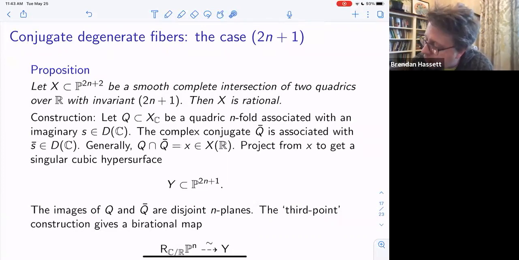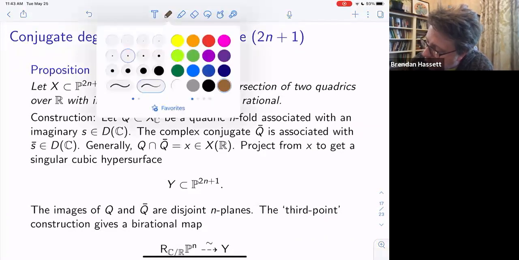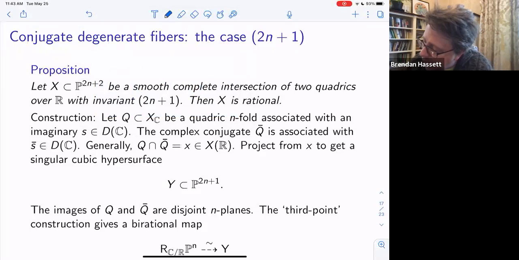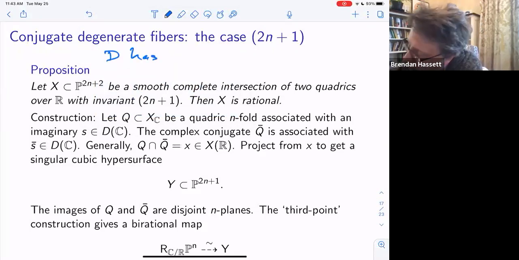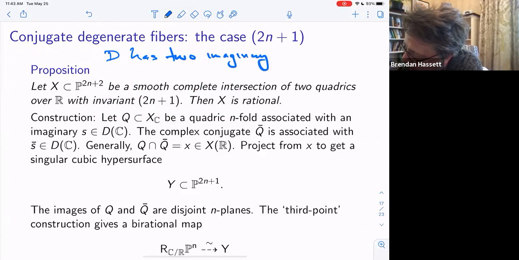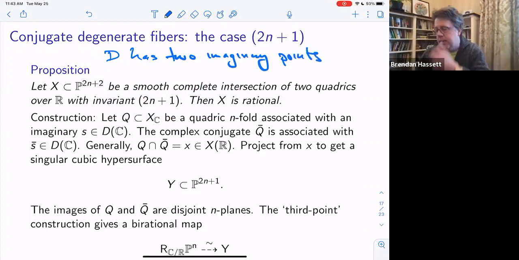Another way of thinking about this is that we're assuming that D has two imaginary points, but otherwise, we get the full range of different signatures.